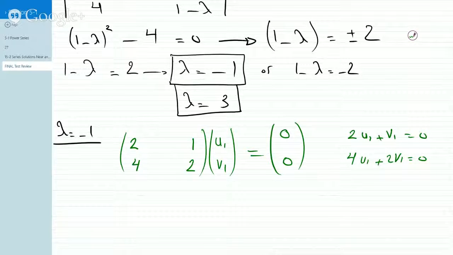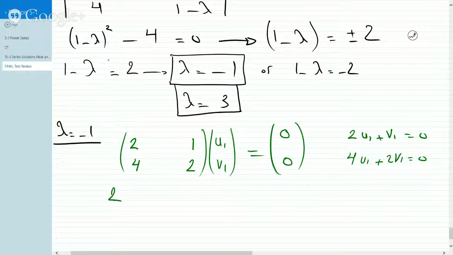You can't solve them, because if you multiply the first equation, so we do not attempt to solve the system of equations. Instead, what we do, we take one of them, we solve it in terms of the other. We assign a value for one, and we find the next based on the assumption.